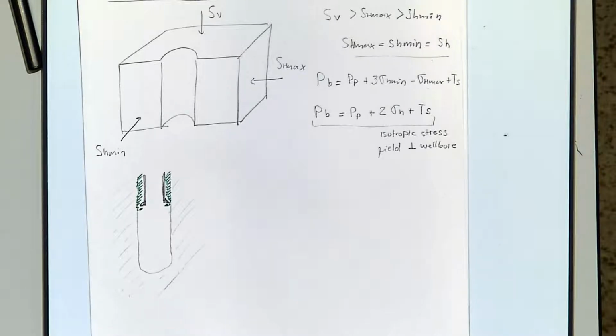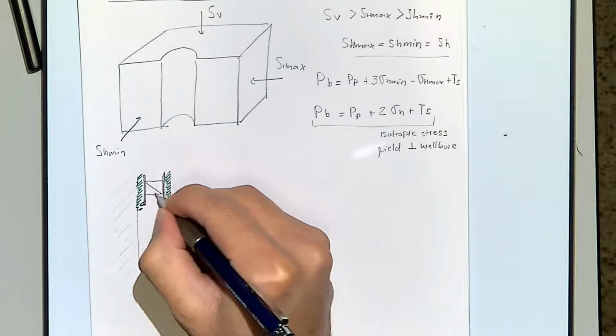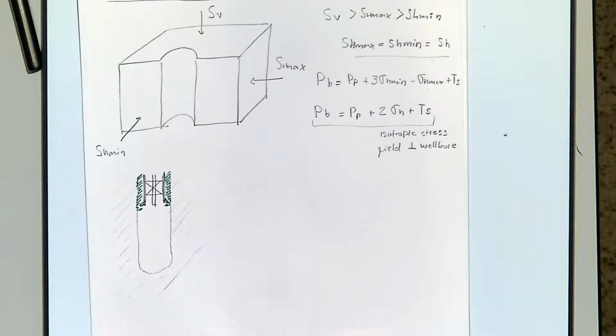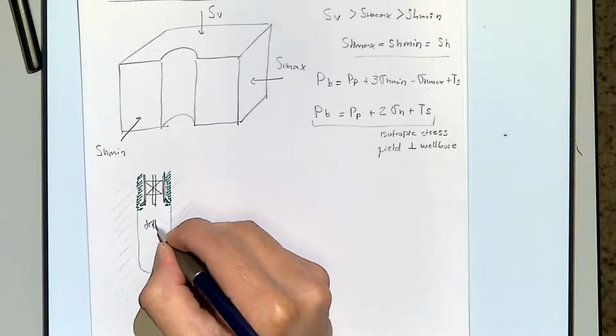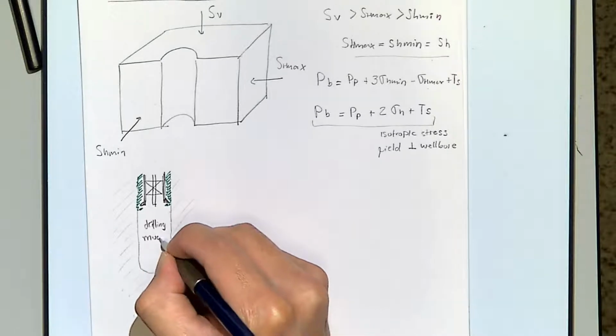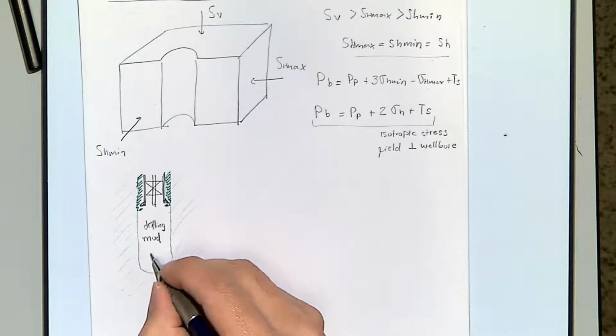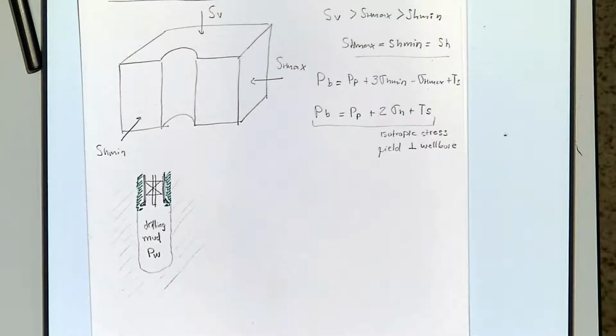you put a plug over here and you pressurize this area of the wellbore. Okay, so we're looking at the cross section of the wellbore that we have plugged and in which we can inject more drilling mud. And we're drilling, okay? So we're drilling, so this is drilling mud. The pressure inside the drilling mud is going to be PW.